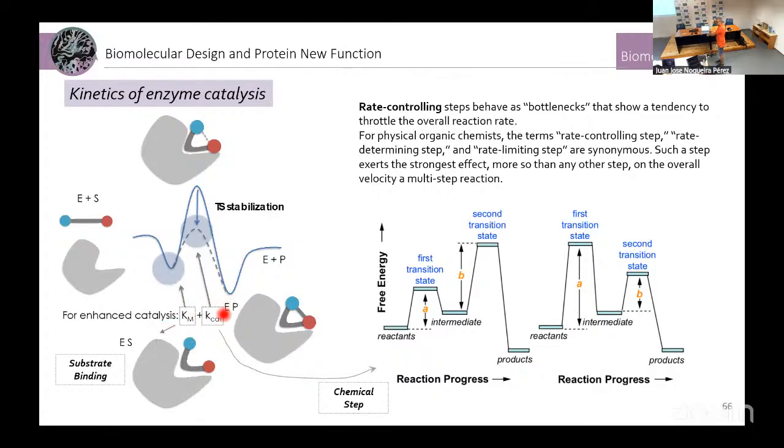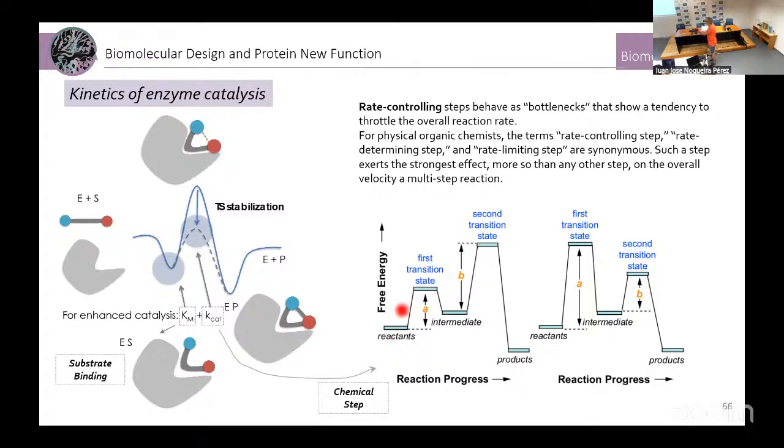We've just seen in the first part of the lecture how these binding energies can be estimated. And the second part is the Kcat, so how the chemical step contributes to the rate of an enzymatic reaction. Here, not going to go deeper into this, but this is a typical reaction free energy landscape that one can calculate even for small organic molecules, right?